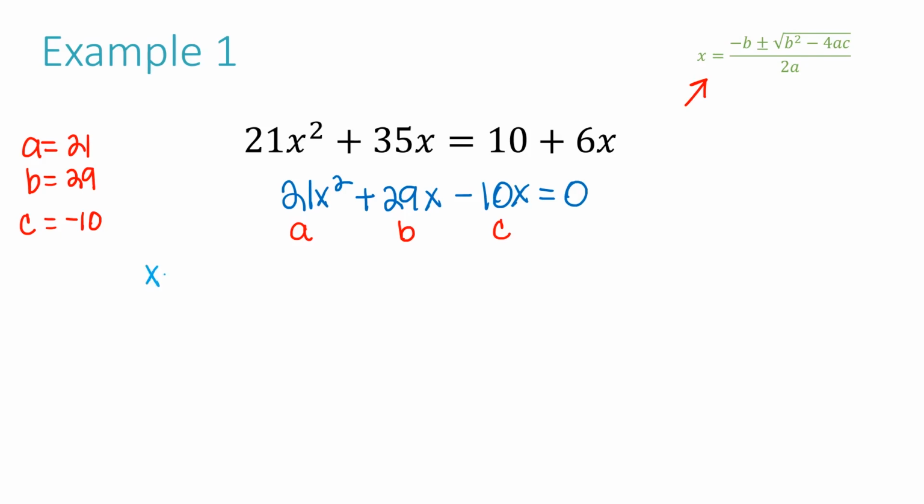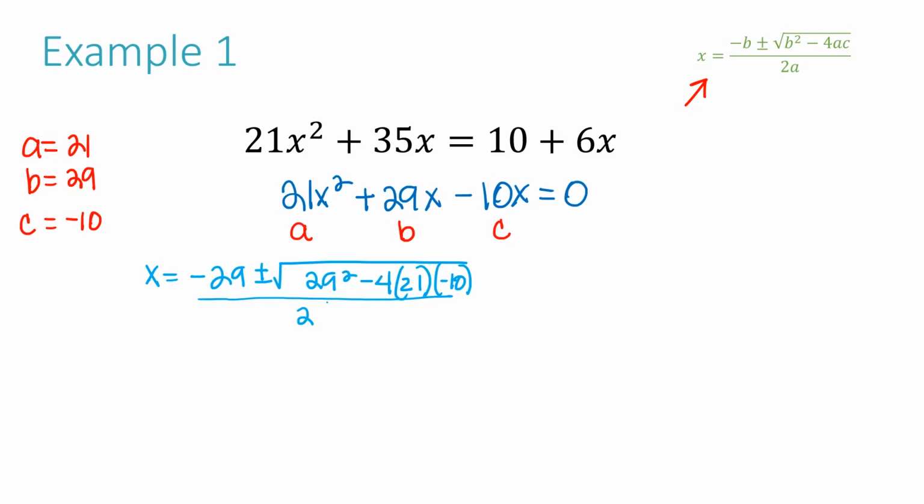I have X equals negative 29 plus or minus the square root of 29 squared minus 4 times 21 times negative 10. All of that is over 2 times 21.